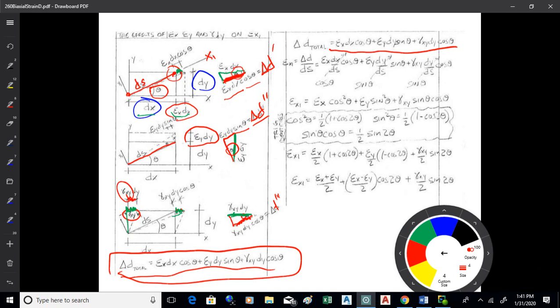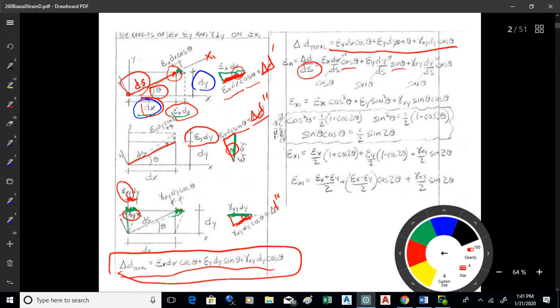And we're going to add all this stuff up and get a delta D total. Now that's a delta. What I want is a strain, so I'm going to divide it by the original length of ds. So I'm going to get dx over ds, and what that is is cosine of the angle theta, that original angle. There's ds, ds. So dx over ds is cosine theta. Okay.